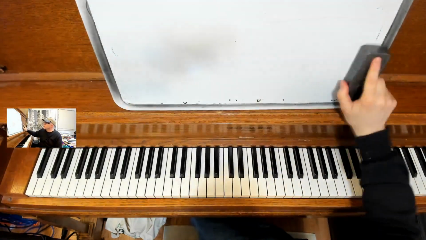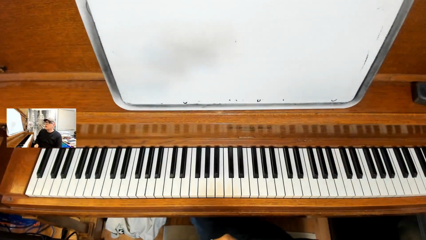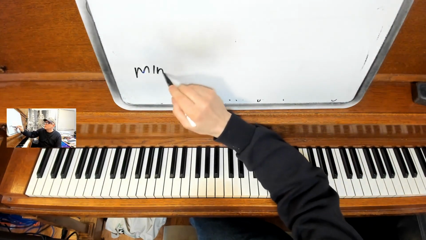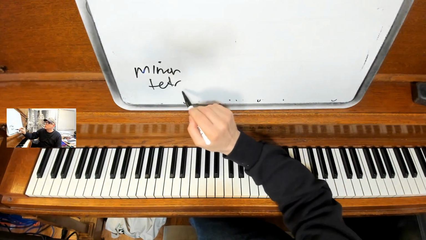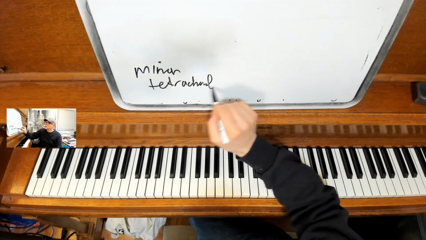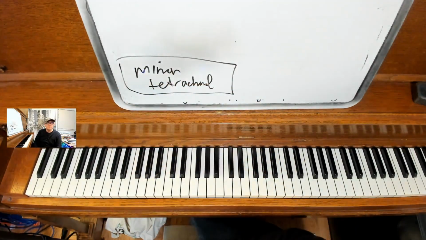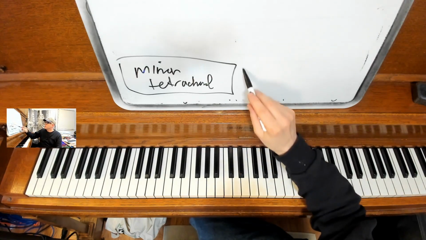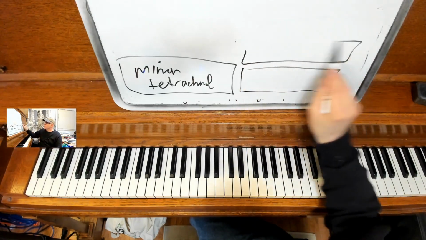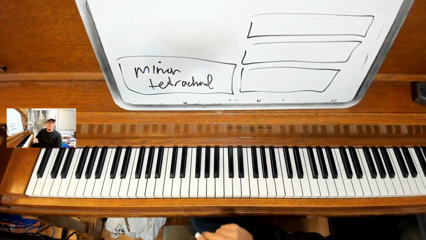So those 3 minor scales have one thing in common. They all have the minor tetrachord as the first 4 notes, okay? And then depending on which scale you want to make, you slap on one of the others.